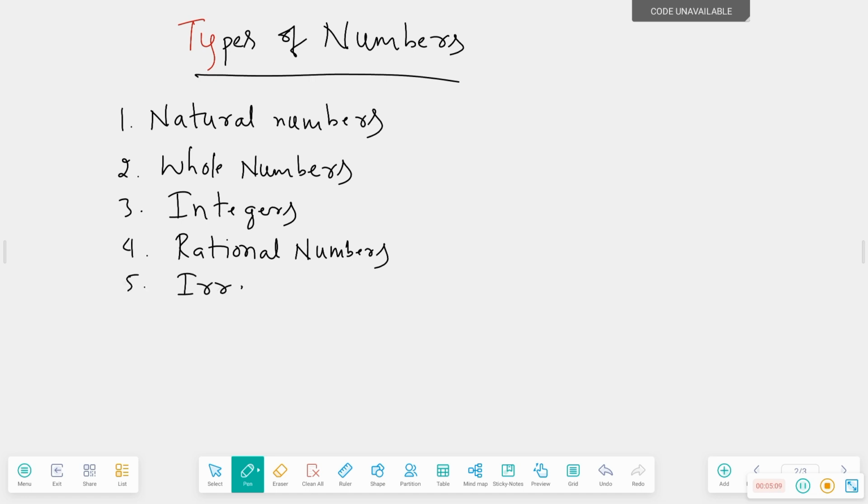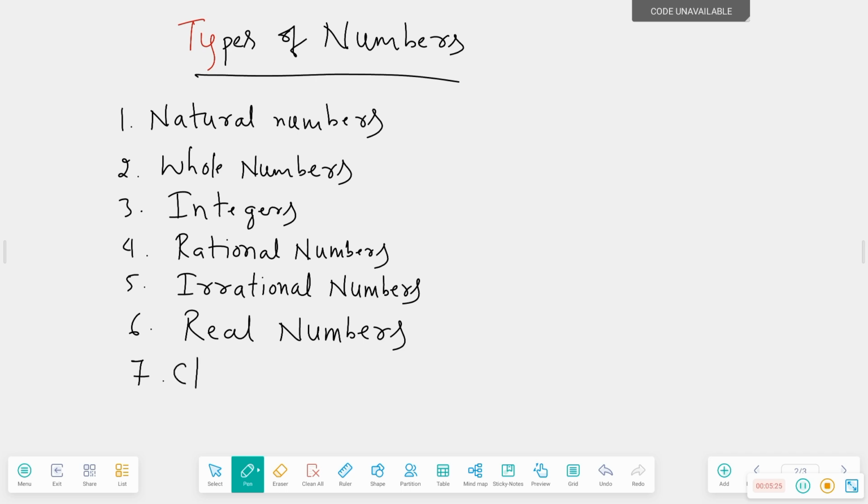Fifth one, irrational numbers. Sixth one, real numbers. And seventh one, complex numbers. See, these are the different types of numbers that we know.